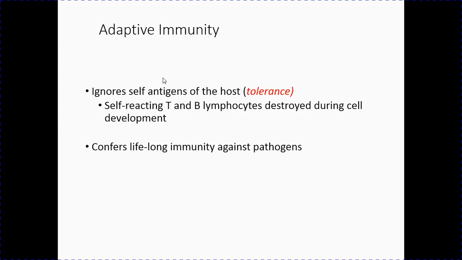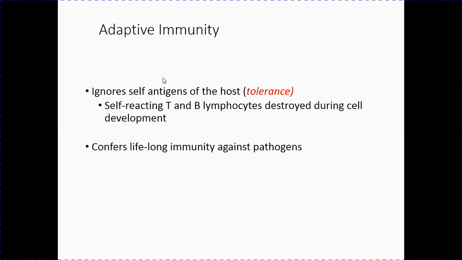So in general, in adaptive immunity, the process of differentiation of cells looks to make sure that we ignore self-antigens. If you remember, if you have a reaction of your immune system with the antigens of yourself, you're developing autoimmune disease. And that's quite damaging and problematic for people.